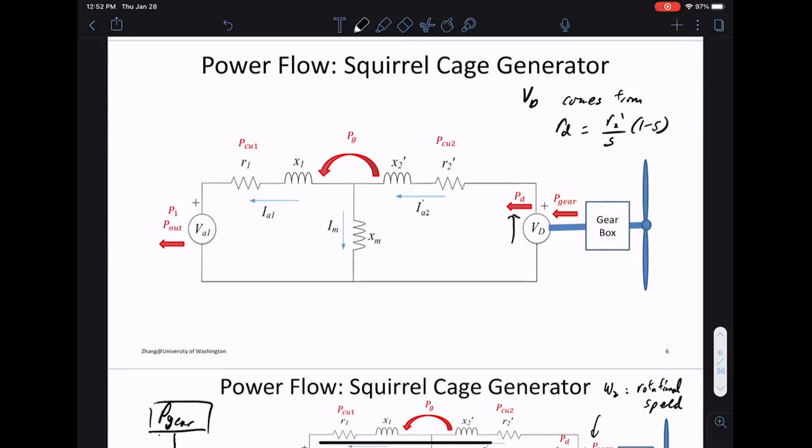So the current is being drawn out this way from VD, right? So VD has a plus minus this way. So I'm drawing current out of this voltage, so it has a minus sign. But there's no other angles because it's a current multiplied by a resistor.